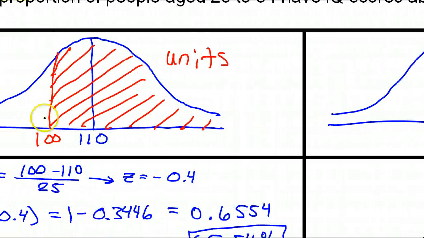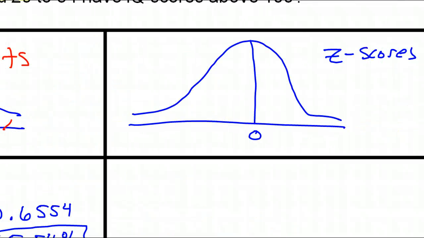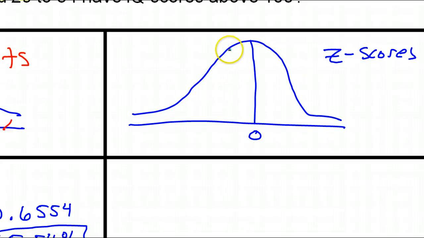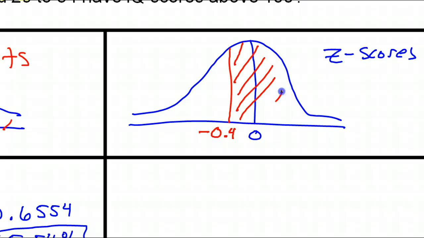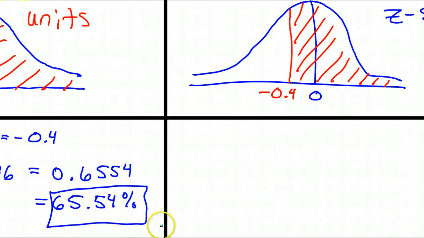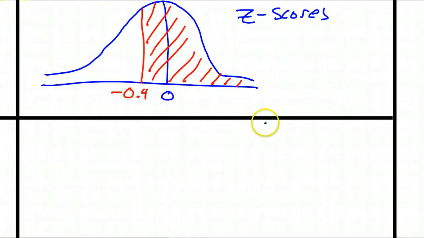We were doing the 100, which had a z-score of negative 0.4, so here we are over here, negative 0.4. We were doing greater than this, which turned out to be 65.54%.